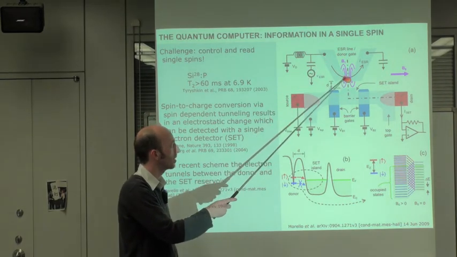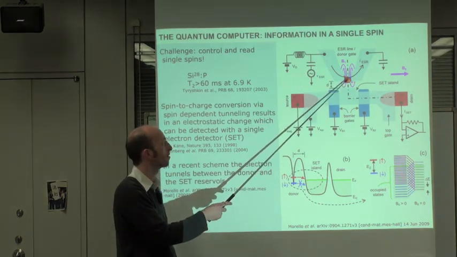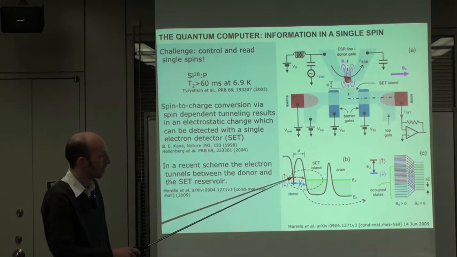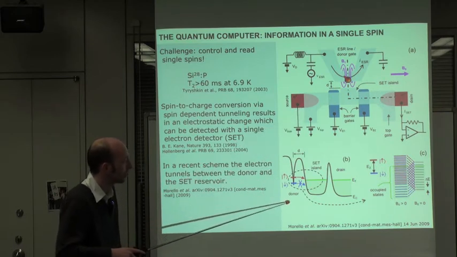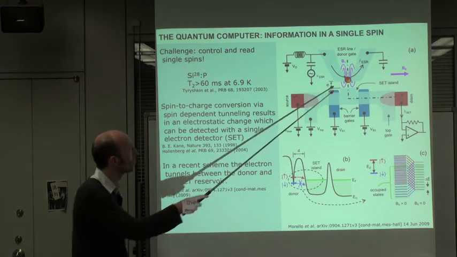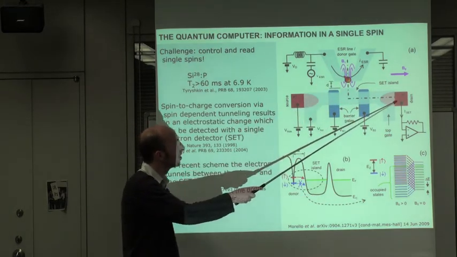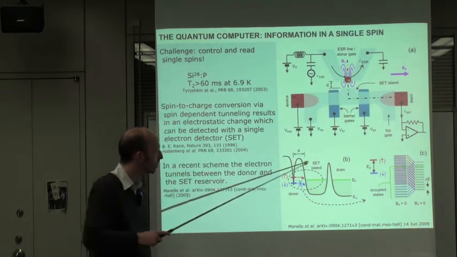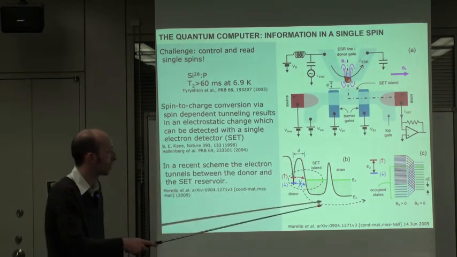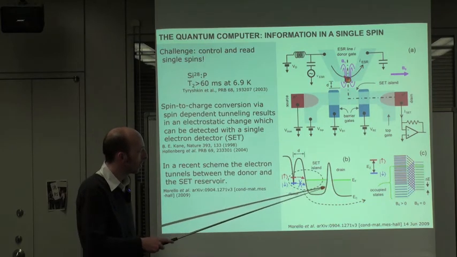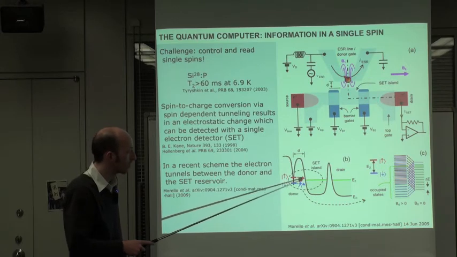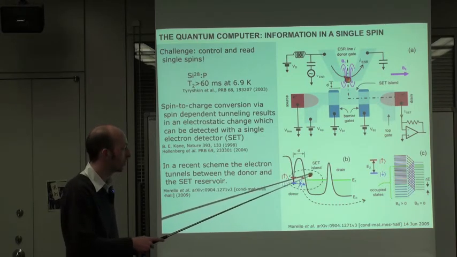So this gate controls the spin of the phosphorus, and then depending on the spin state of the phosphorus, this is, by the way, the band diagram going along this dotted line through the single phosphorus, where you get this dip, and then through the quantum dot to the drain. So you'll get an SET island here, and then you would get a spin-dependent transport with the SET.